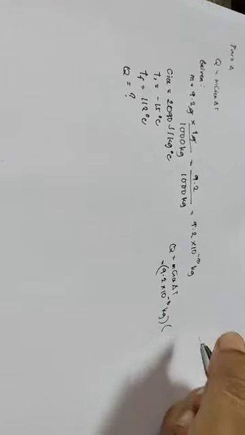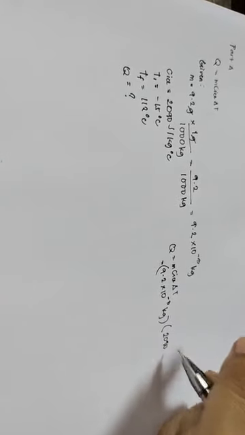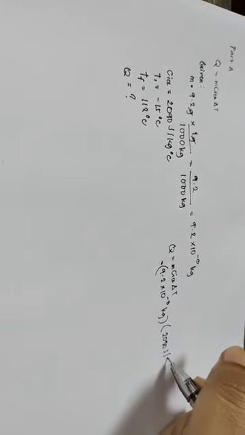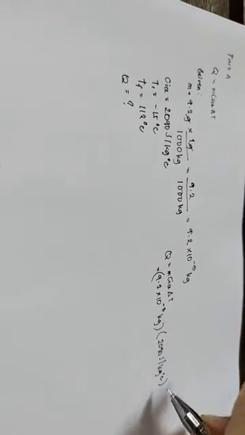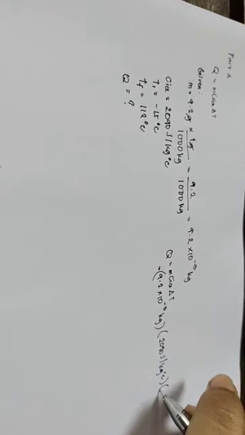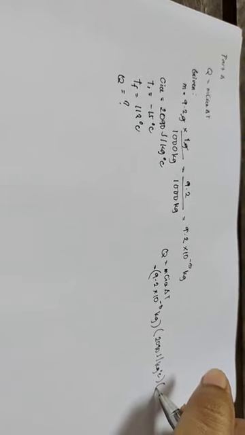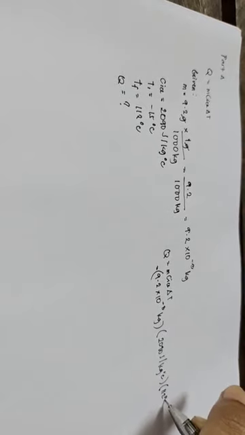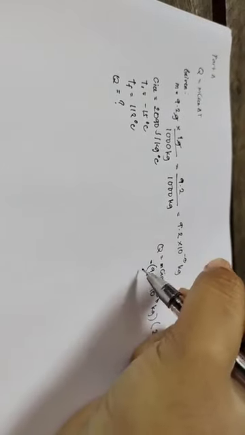The specific heat of ice is 2090 joules per kilogram degree Celsius, and the change of temperature will be the final temperature minus the initial temperature: 112 degrees Celsius minus negative 15 degrees Celsius. So let's solve it.